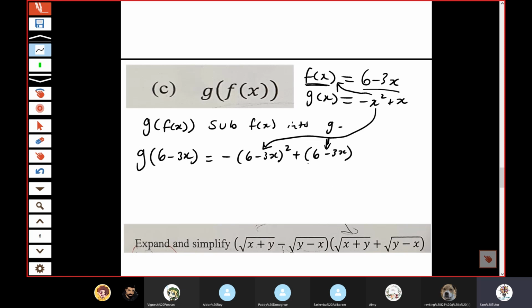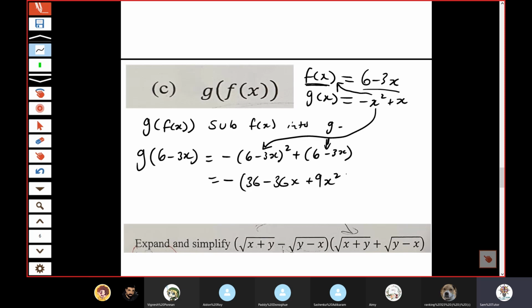Okay. Then expand, negative, bracket, 6 squared. 6 squared is 36, minus 36x plus 9x squared.